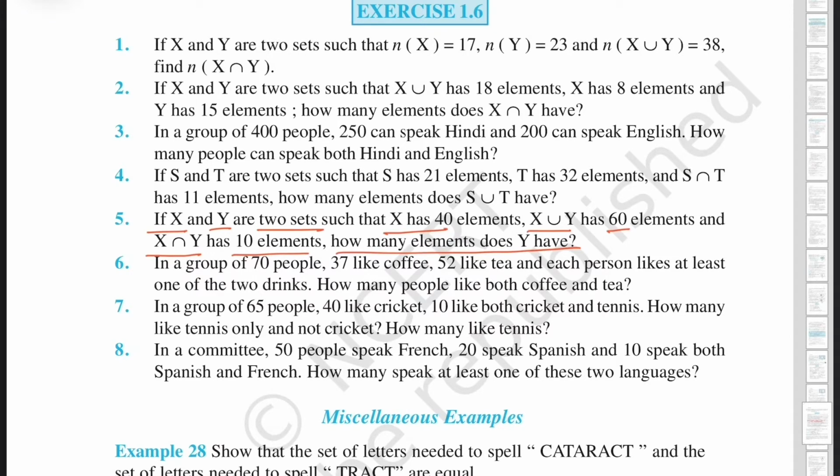So the number of elements in X is 40, in X union Y is 60, and in X intersection Y is 10. We need to find the number of elements in Y. It's very simple. So let me show you how to solve this.